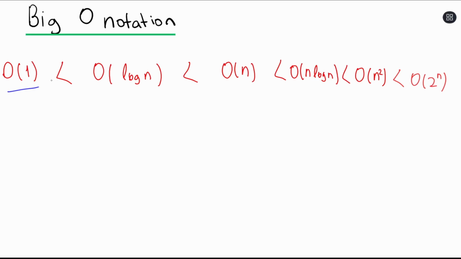And we know from previous videos, from the RAM model video, that operations like addition, subtraction, arithmetic operations, and logical operations like comparisons take O of 1 time. O of log n is the next one. Then O of n, linear, O of n log n, O of n squared, and O of 2 to the n is the worst one that you probably never want because it will exponentially increase and increase.